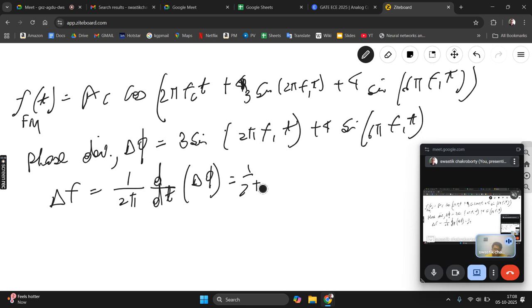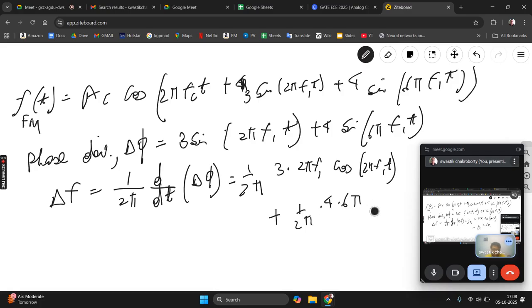So 1 by 2 pi d/dt of 3 sin 2 pi f1 t will be 3 into 2 pi f1, and the differentiation of sine is cos 2 pi f1 t, plus 1 by 2 pi times 4 into 6 pi f1 cos 6 pi f1 t.